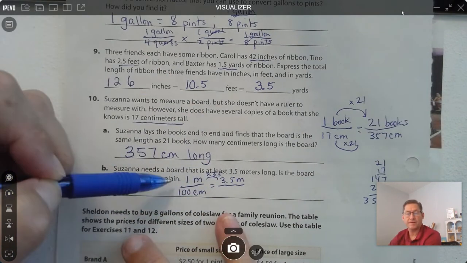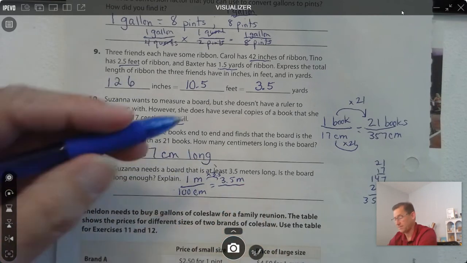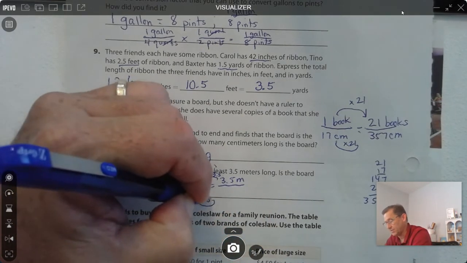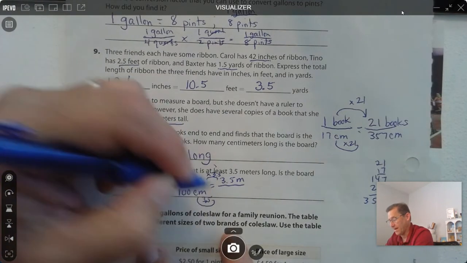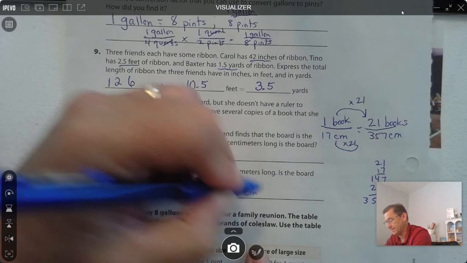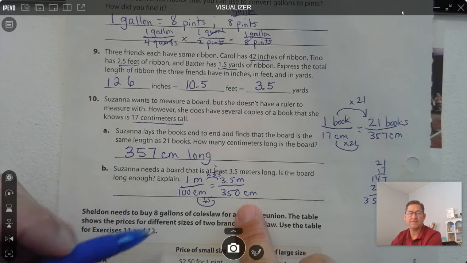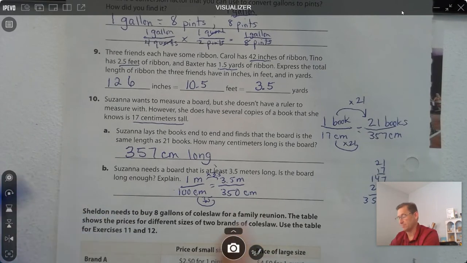So if 1 meter is 100 centimeters, then 1 times 3.5 is 3.5 meters, and 100 times 3.5 is 350 centimeters. So she needs a board that's 350 centimeters long. Yes, she does have enough.